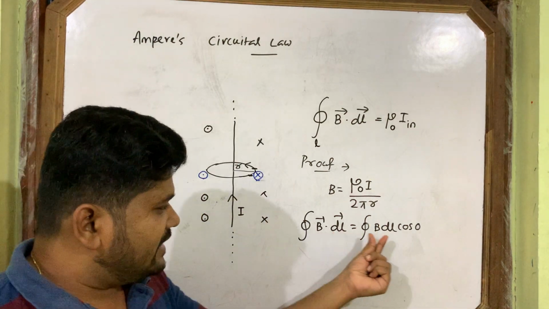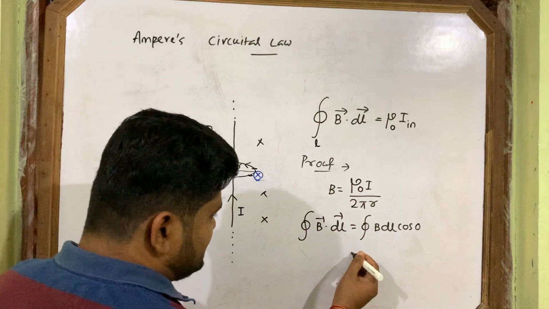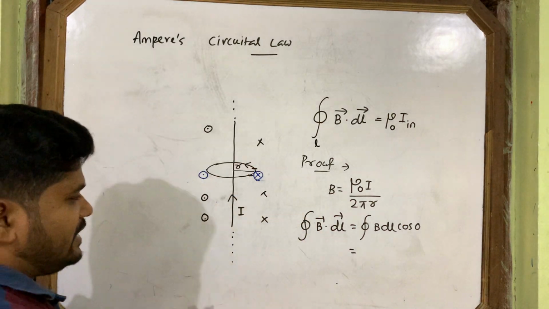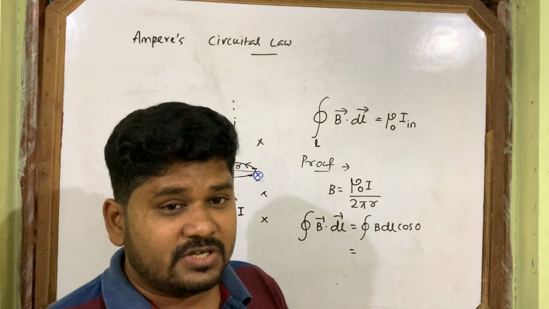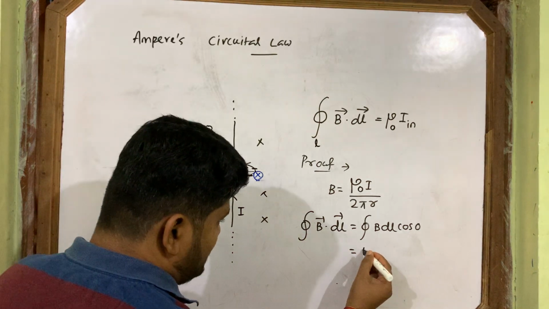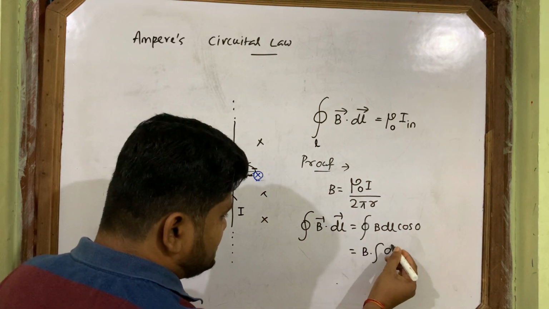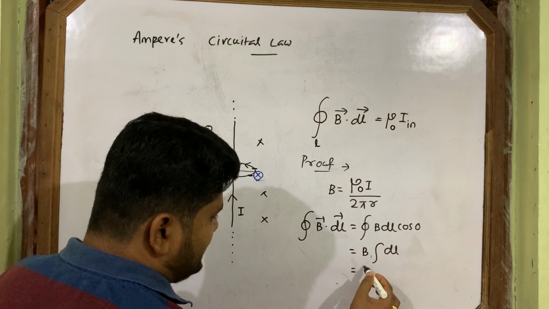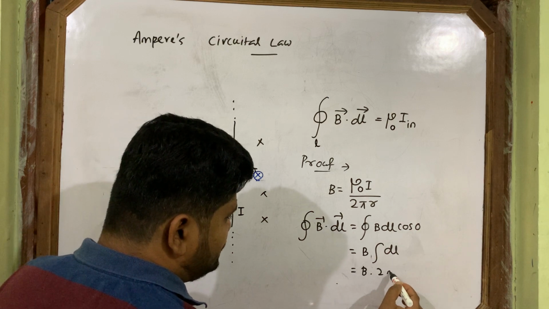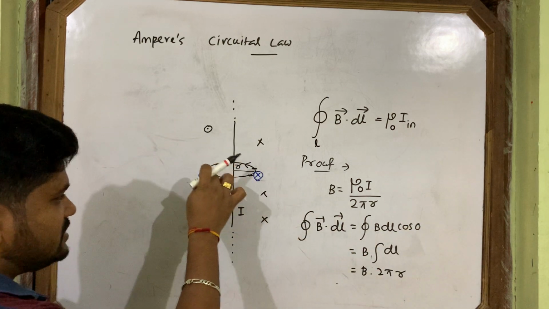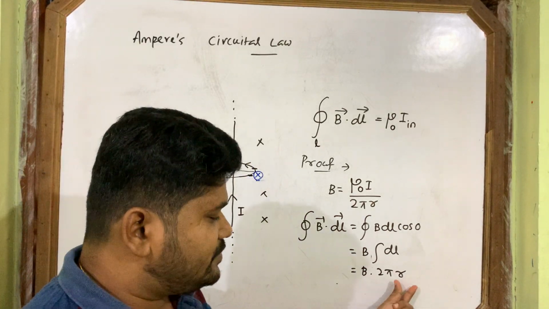So this is B dl cos 0. B is constant everywhere on the Amperian loop, so B is taken outside. Only the integration of dl remains, and the integration of dl is 2 pi r, the whole circumference of the Amperian loop.